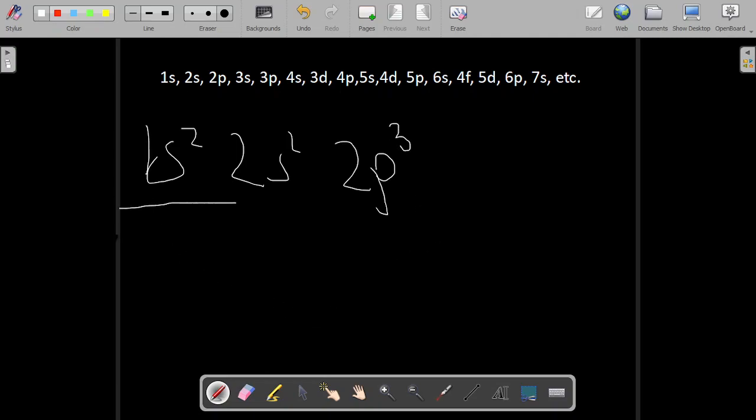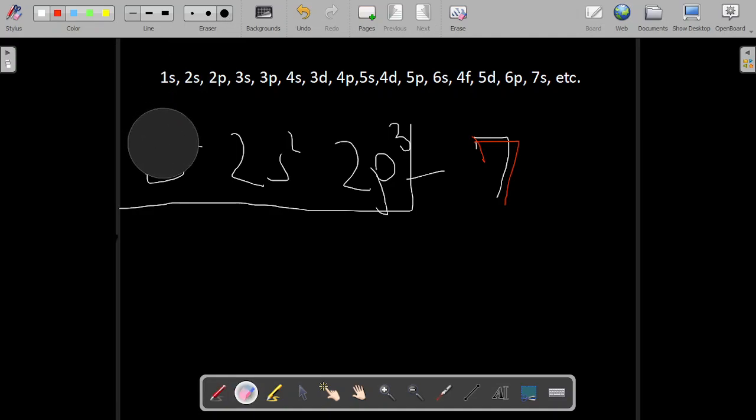So here is the electronic configuration of an element with atomic number 7. What does that indicate? It indicates that the arrangement of the electrons in the orbitals is the electronic configuration.